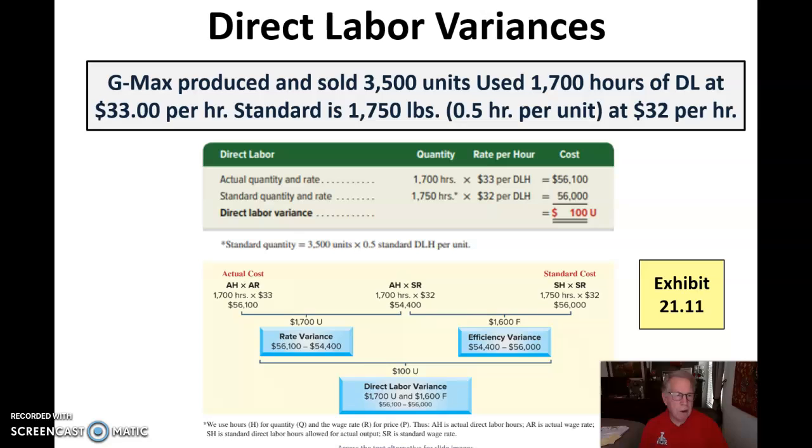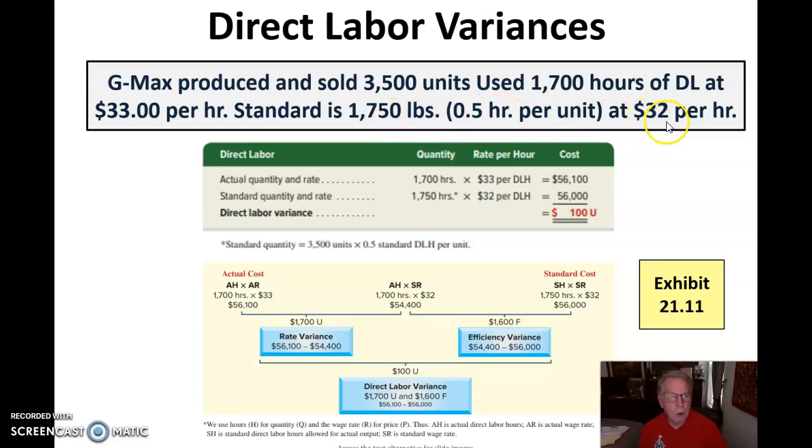Now, direct labor variances, we do that in a very similar way. Here, GMAX produced and sold 3,500 units that we did just a few minutes ago, and we actually used 1,700 hours of direct labor at $33 per hour. The standard is 3,750 pounds, and we got that by taking this 3,500 units times a half a pound per unit.